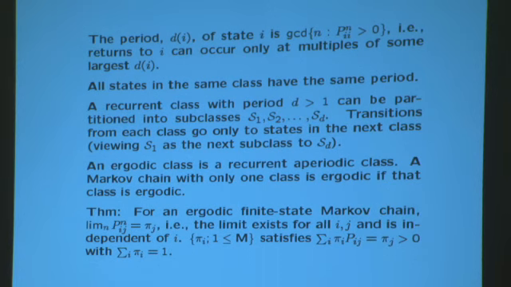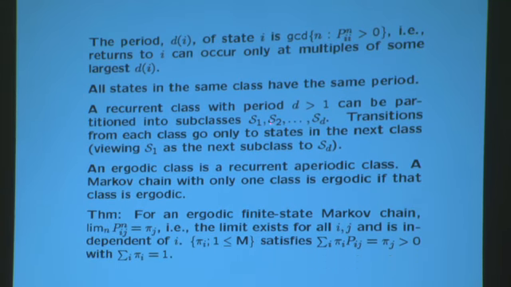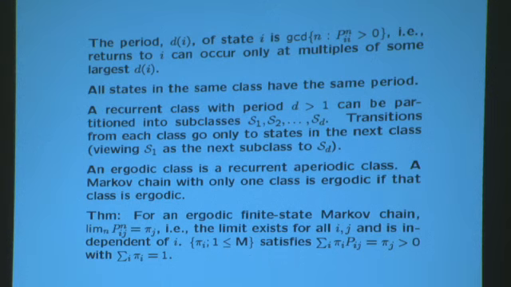They have to go someplace, so they go back to S1. So as you cycle around, it takes d steps to cycle from 1 back to 1 again. It takes d steps to cycle from 2 back to 2 again. So you can see the structure of the Markov chain and why that class has to be periodic.